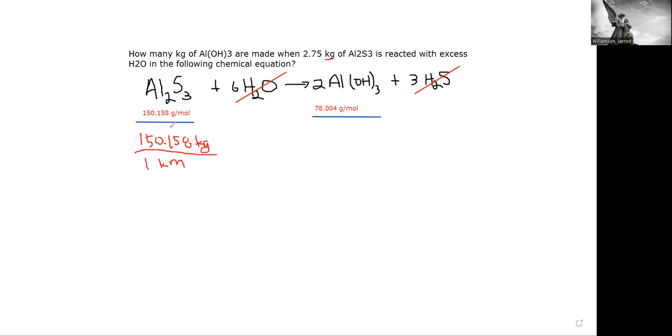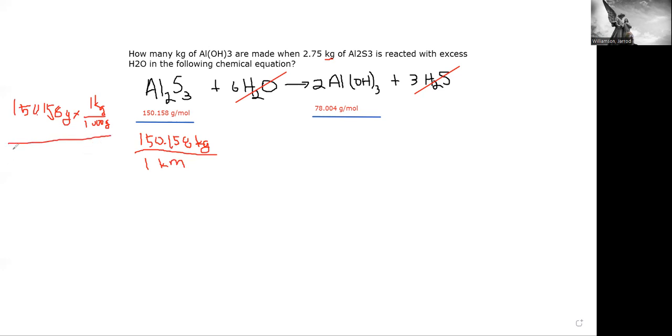When I convert grams into kilograms, I divide by 1,000. So I take 150.158 grams times 1 kilogram over 1,000 grams, which means dividing by 1,000.